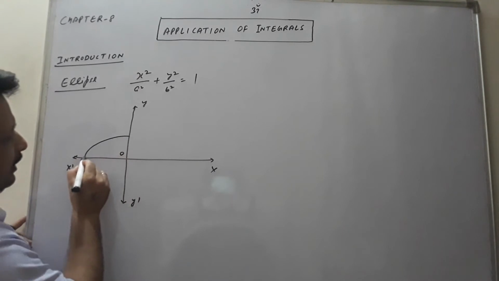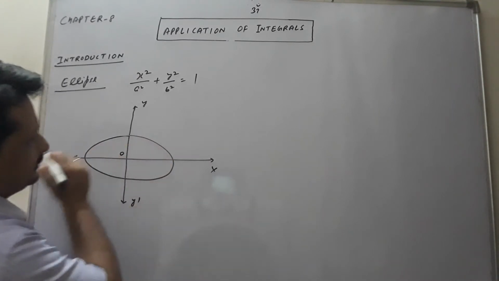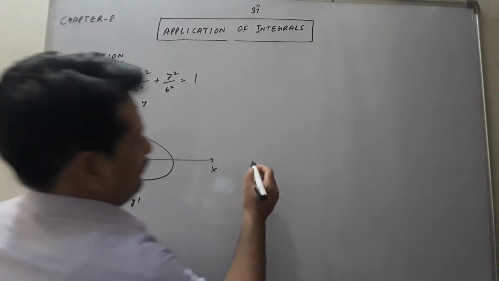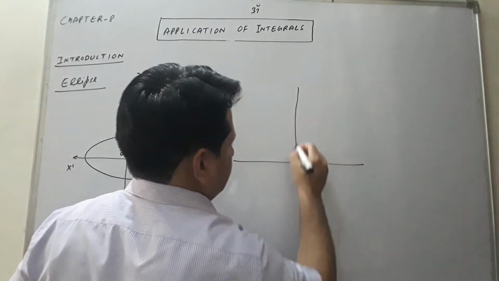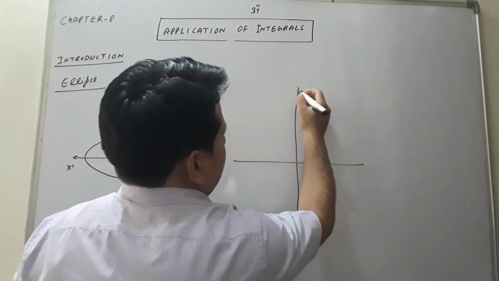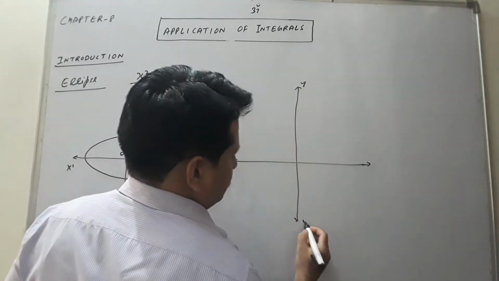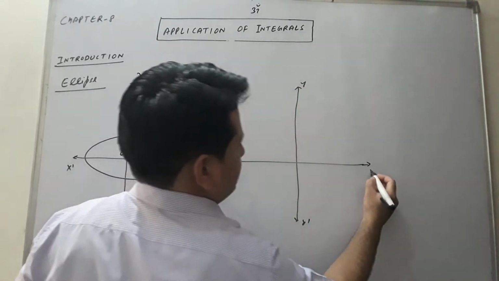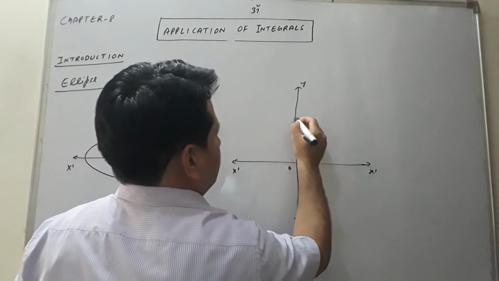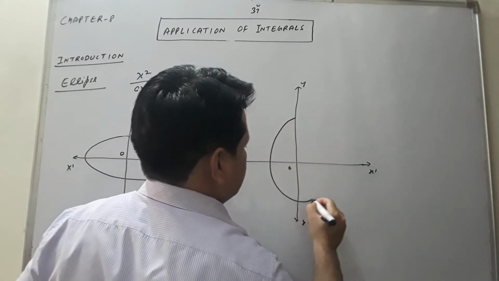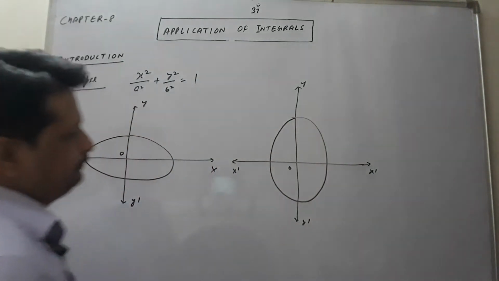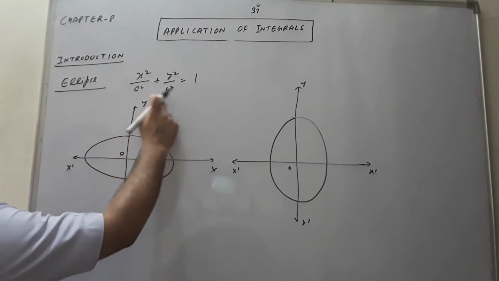The ellipse that I have taken is toward the x-axis. Here we have two types of ellipse, toward the x-axis and toward the y-axis. This is y dash, x dash, and this is x, this is the origin, then students, like this. The standard form will be like this.